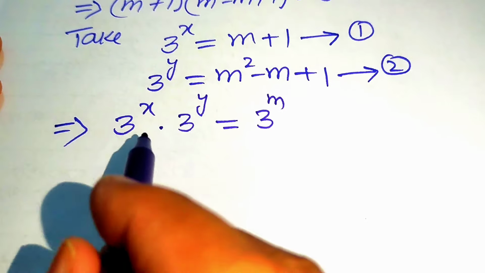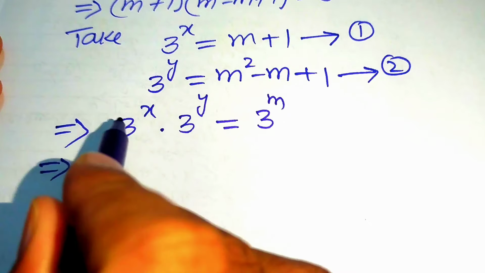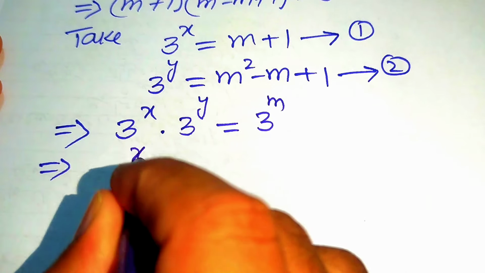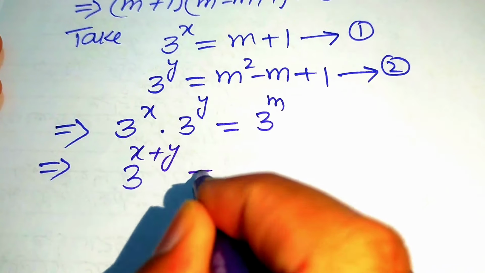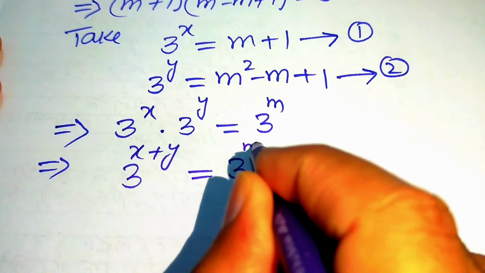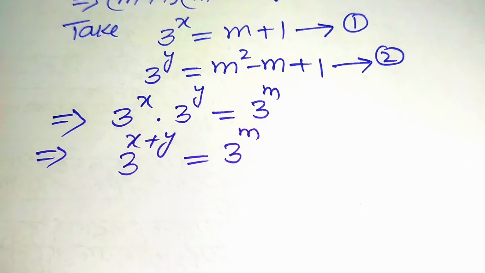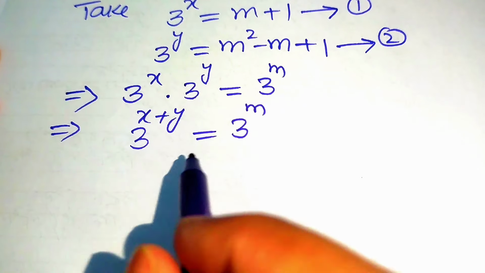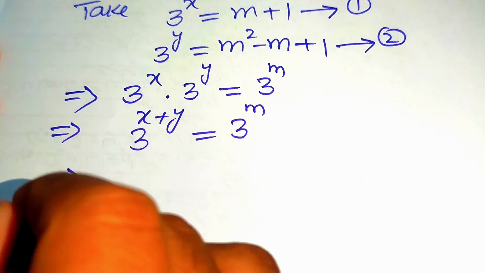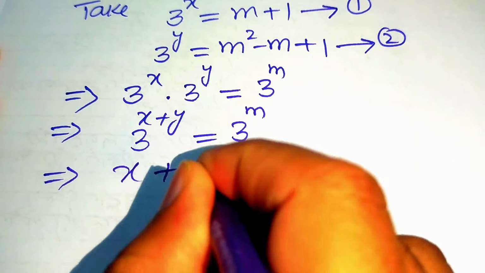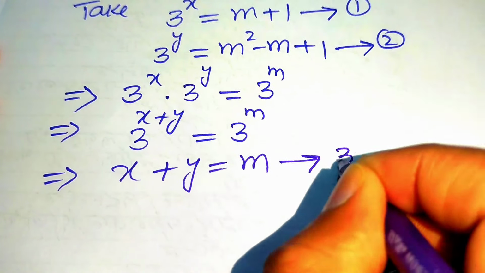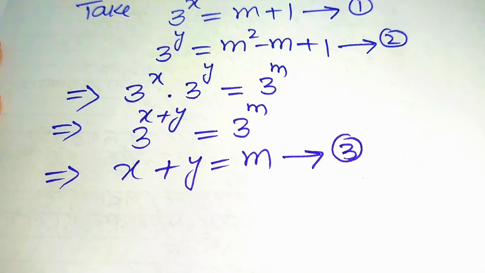On the left hand side the bases are the same, so we add the exponents and it becomes 3 to the power of x plus y equals 3 to the power of m. Now the bases on both sides are the same, so we equate the exponents, and it becomes x plus y equals m, and we call this equation number 3.